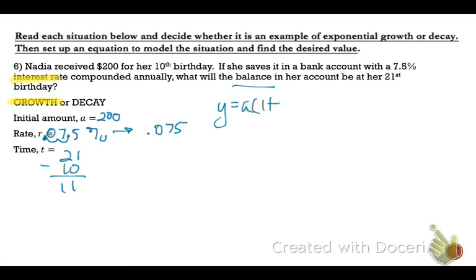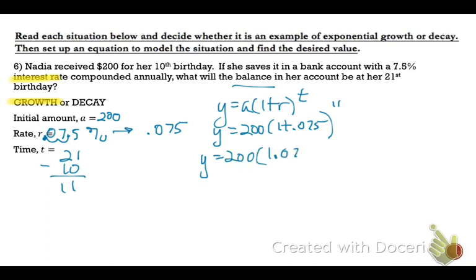Since we're growing, we'll use our growth formula. So $200 times 1 plus our rate, all raised to the 11th power. Remember to do what's inside parentheses first, raise it to the 11th power, and then take it times 200. If she just lets it sit there, it's going to more than double. She'll have $443.12.